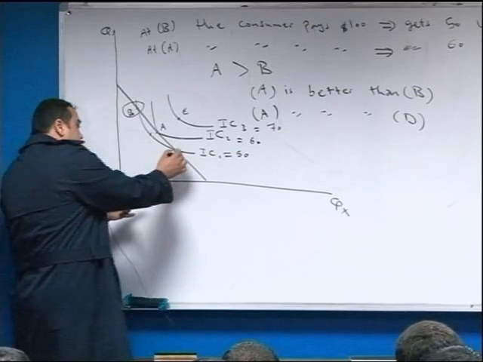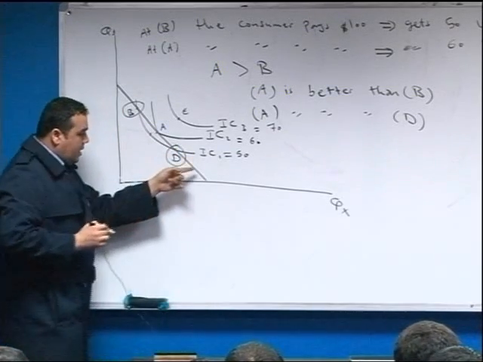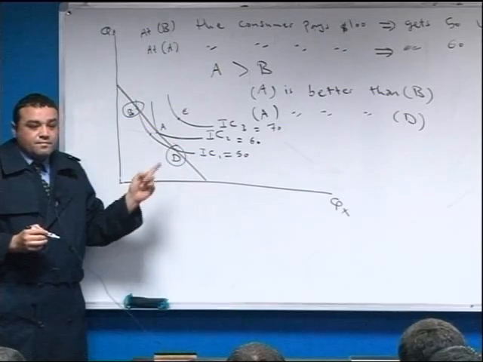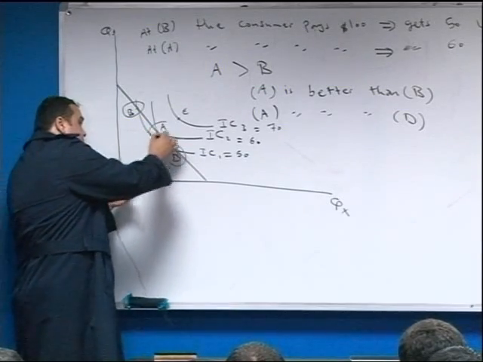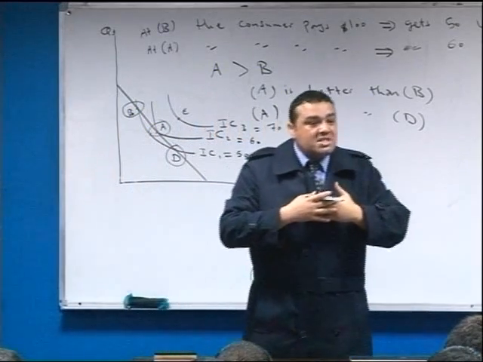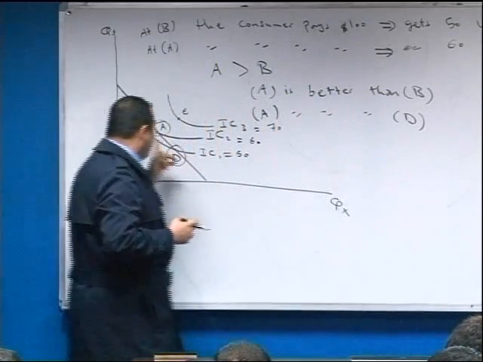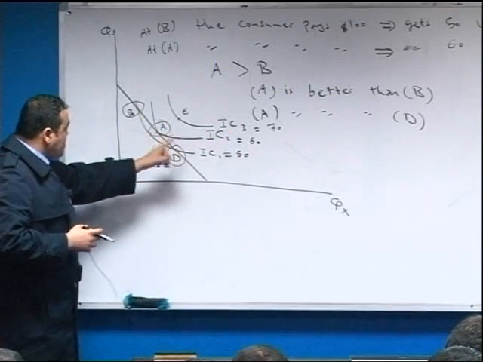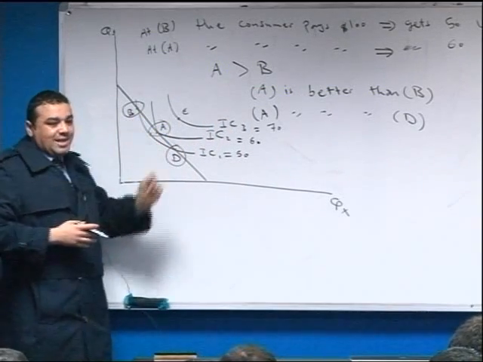At D, there is an intersection between the budget line and the indifference curve. At point A, there is a tangency, it's called a tangency point, between indifference curve 2 and the budget line.